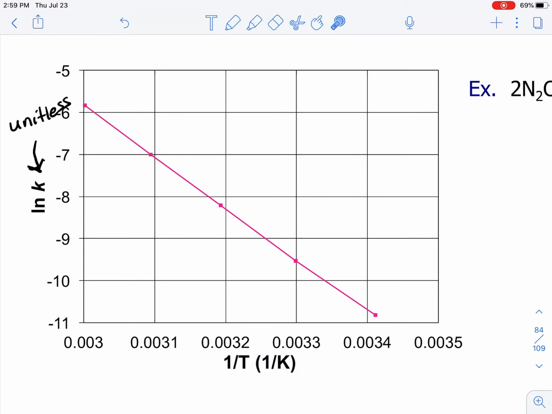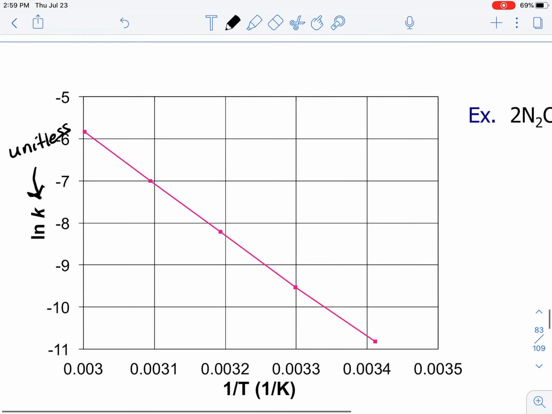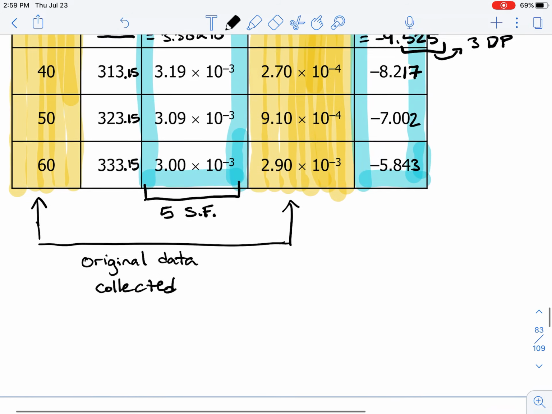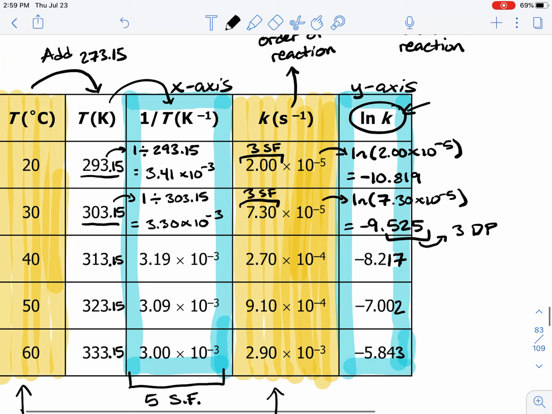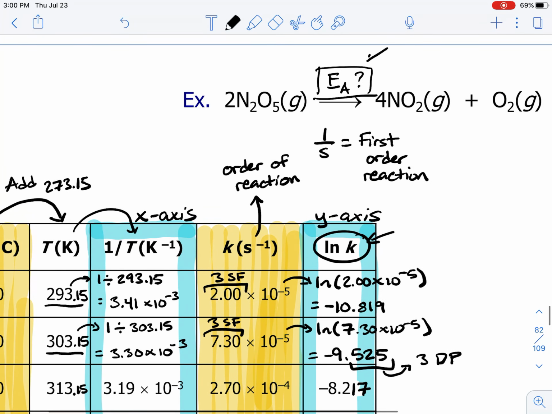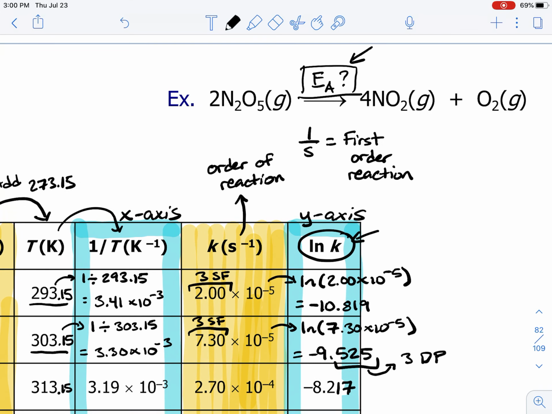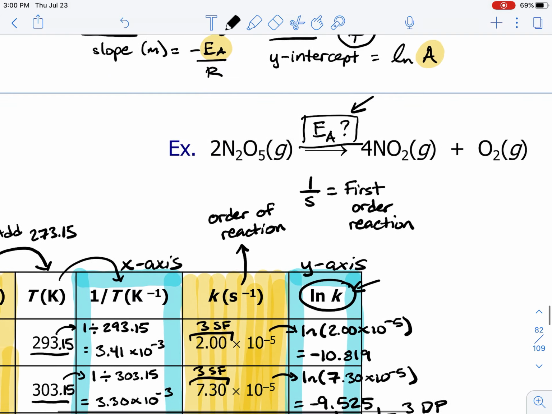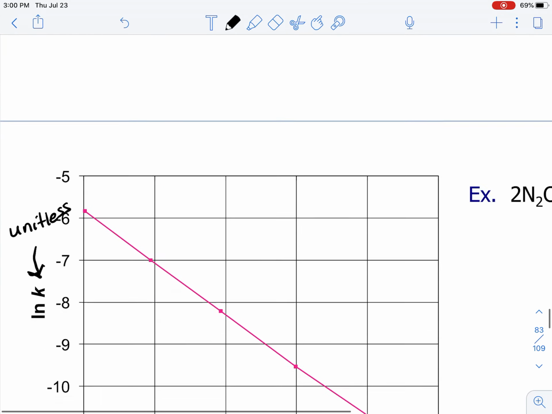And so this is the line that we're going to get once we connect all points. And so what you want to do, now that you've graphed the Arrhenius equation using the straight line plot form, what you want to do next is determine the activation energy. And so how can we do this? How can we determine the activation energy from these numbers from this graph?